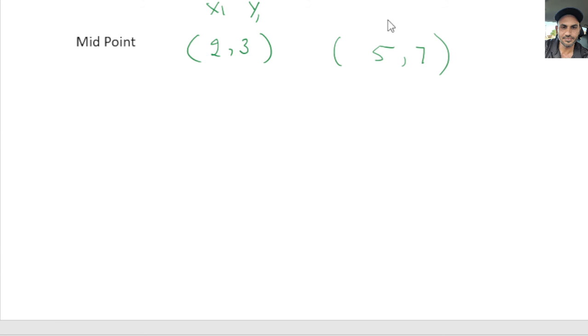The larger x value would be x2, and the y value would be y2. Basically we take the average of the x's, that would be the midpoint for the x-axis, and then the average of the y's, that would be the midpoint of the y. So the midpoint would be (x1 + x2) divided by 2, comma, (y1 + y2) divided by 2.